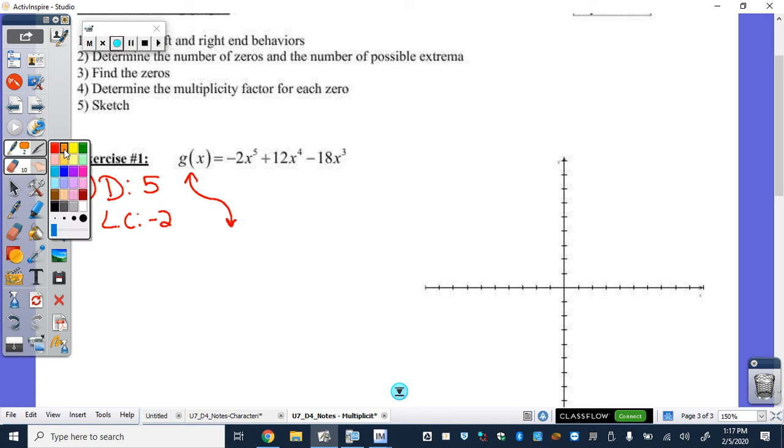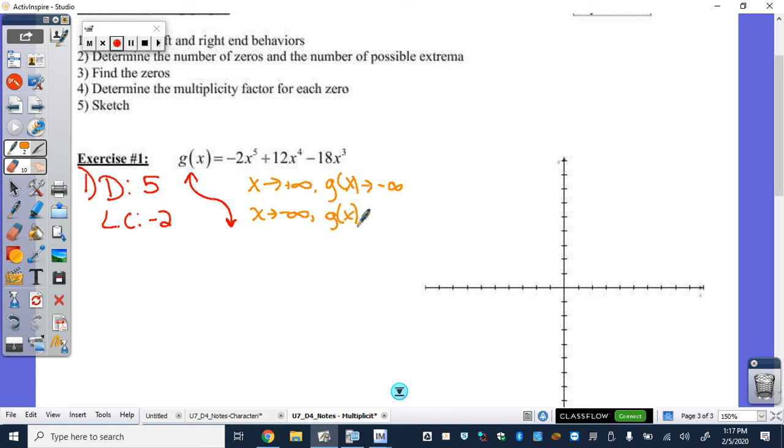Now, just because we do have our quiz coming up next class, let's practice our fancy notation. So again, as x approaches positive infinity, my function would go to negative infinity. And then as x approaches negative infinity, my function approaches positive infinity.